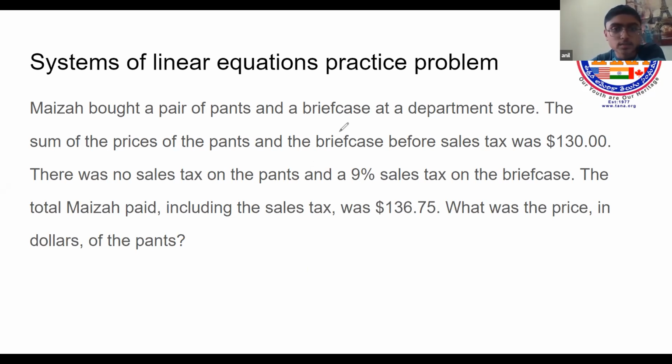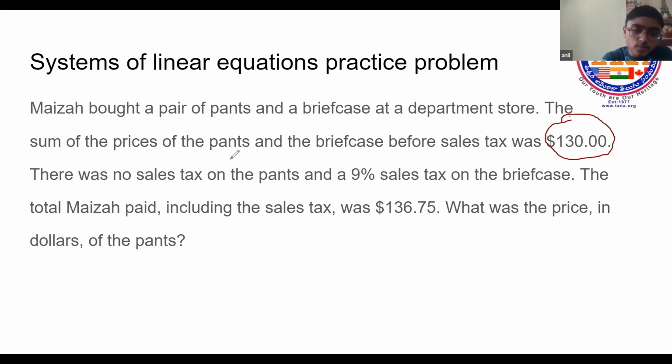The sum of the prices of the pants and the briefcase before the sales tax was $130. So you have to make sure you have this value in your equation. There's no sales tax on the pants and 9% sales tax on the briefcase. So there's nothing extra you add on the pants, and there is something you have to add on the briefcase. The total that Miza paid, including sales tax, was $136.75. What was the price in total dollars of the pants?